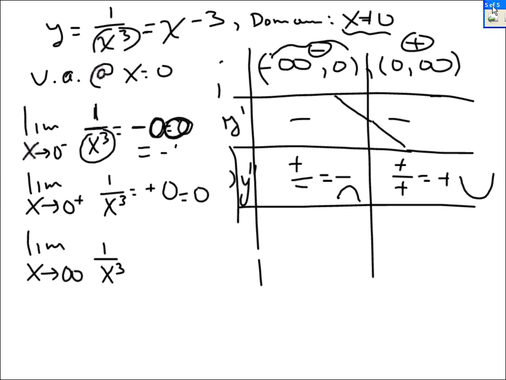So it's going to negative infinity. 1 over, if x is a little bit more than 0, it'll be positive. Because 1 is positive, more than 0 cubed is positive. It's still 1 over really small, which is infinity. Positive infinity, sorry. 1 over large cubed is 1 over large.